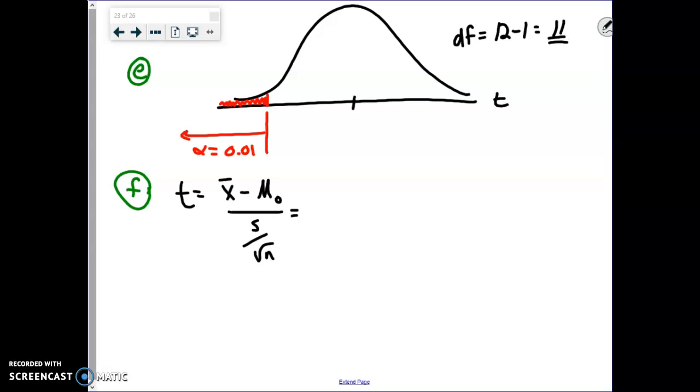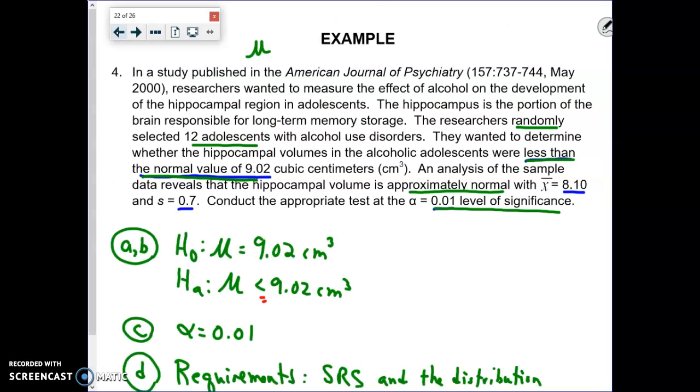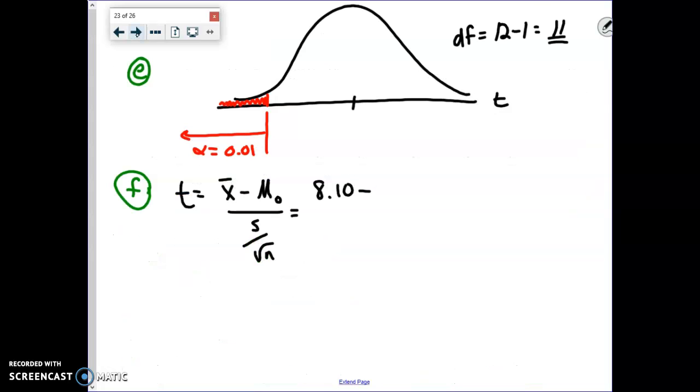In this case, the mean of the sample was 8.10, minus our hypothesized mean, which we get from the null hypothesis, was 9.02. It'll always come from that. Divided by the sample standard deviation all over the square root of the sample size. Not the degrees of freedom, the sample size is 12.